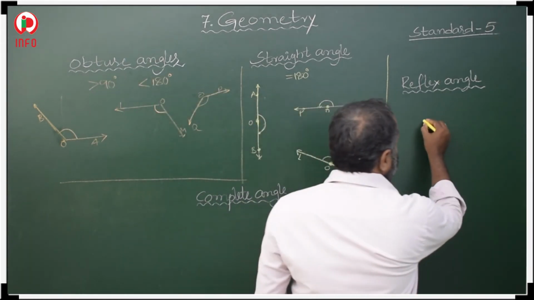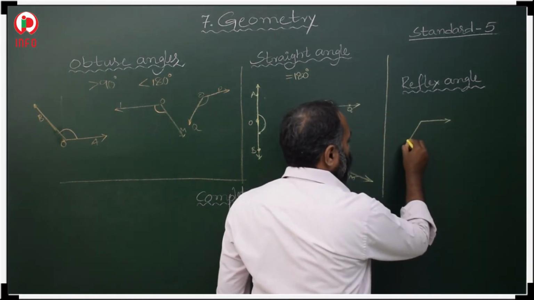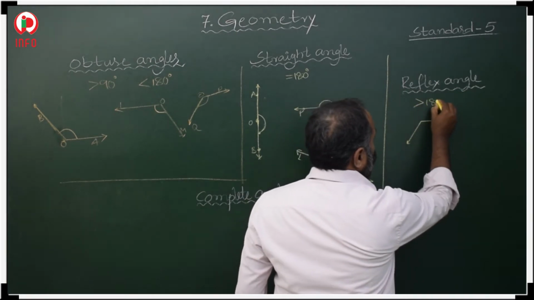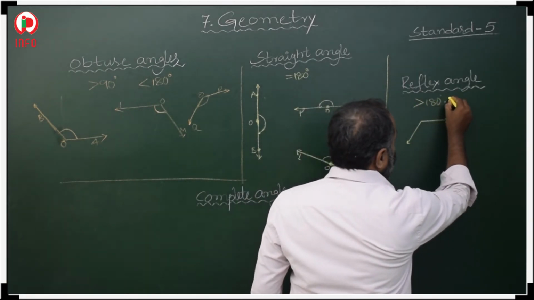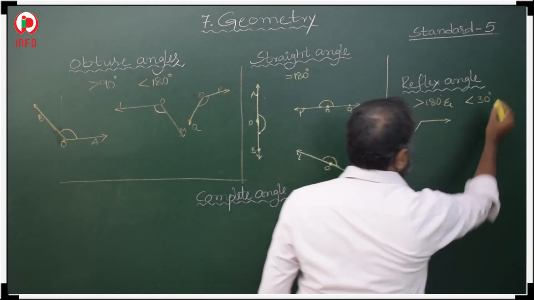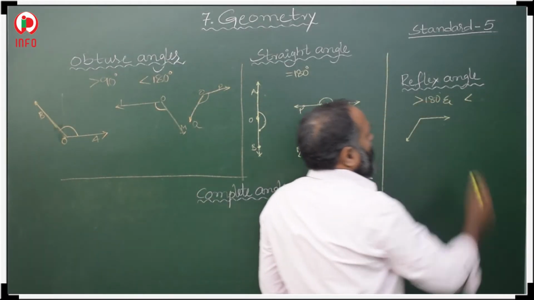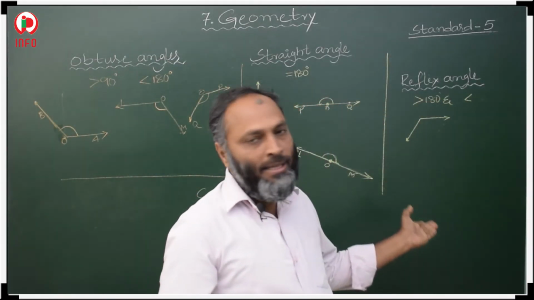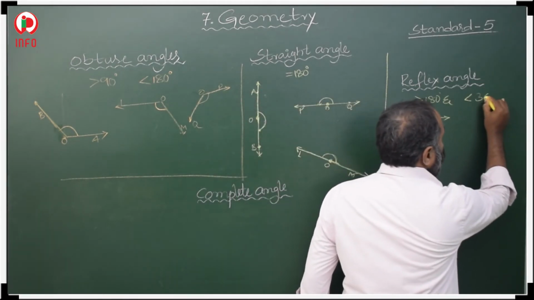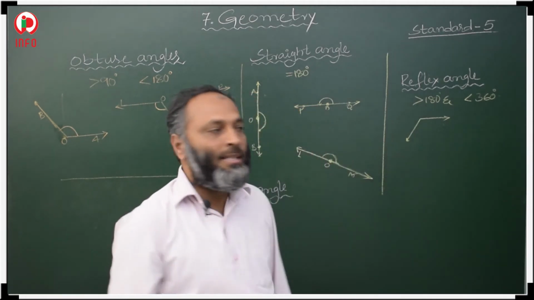Reflex angle means the angle between the two rays is greater than 180 and less than 360. Such an angle is called a reflex angle.